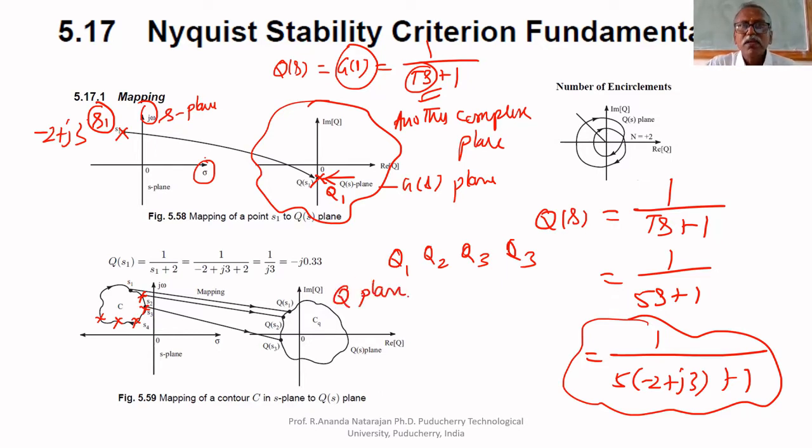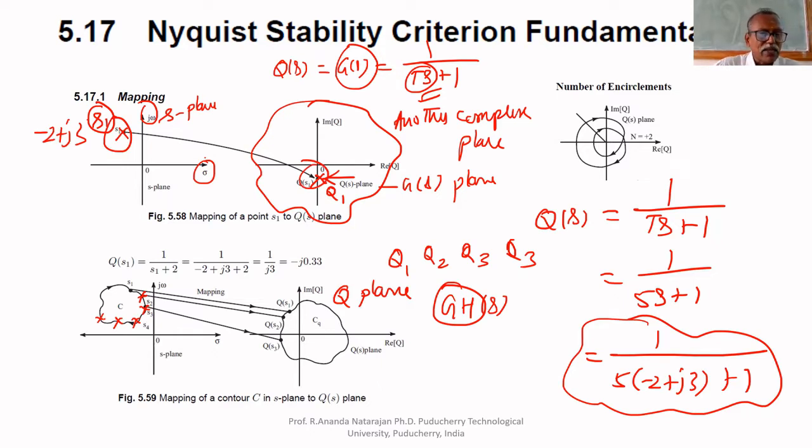If the S plane points are substituted on a transfer function G, then this plane is called G plane. Suppose all these S plane points are substituted on G of S, H of S, then this plane is called GH plane. That is called mapping. I mapped this S1 in Q plane as Q1.